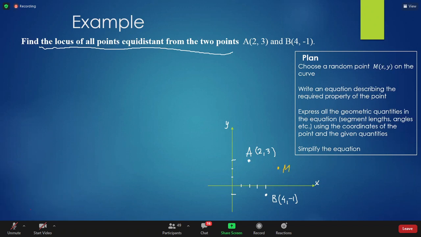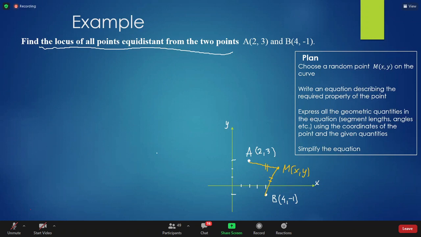So the geometric property is that the distance from M to A is equal to the distance from M to B. And of course, we can imagine many points like that. But in principle, M is just any one of those points. It doesn't have certain coordinates. We simply denote it by M.